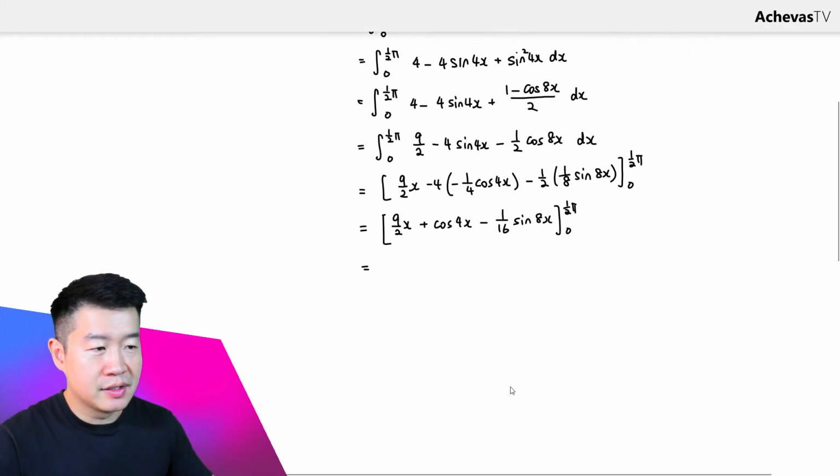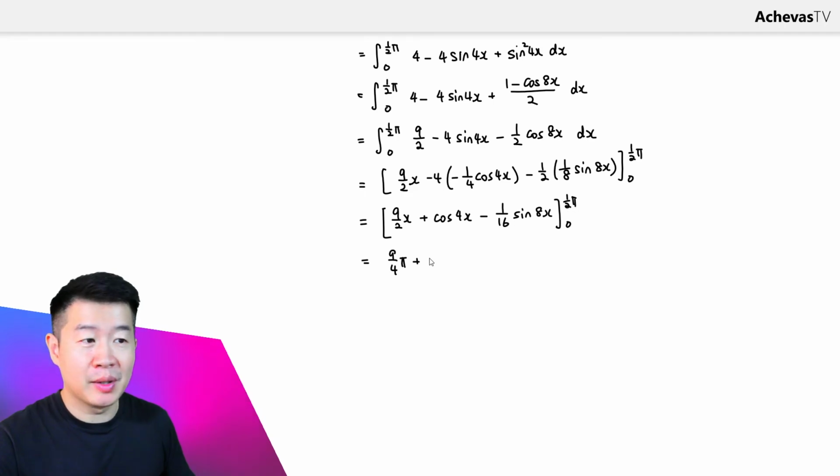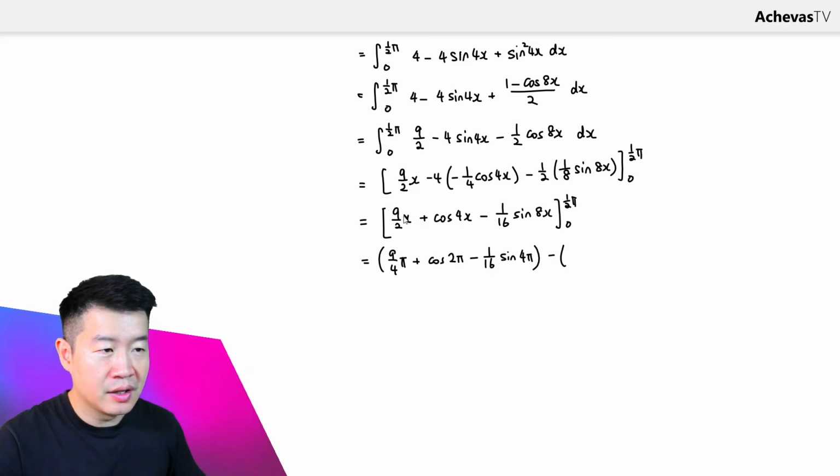So integrating this, by substituting this in, we will have 9 over 2 multiplied by half pi. That gives me a 9 over 4 pi. And 4 multiplied by half pi gives me a cosine 2 pi, minus 1 over 16 sine of 8 times half pi, this is 4 pi. So we have this minus away. 9 over 2 times 0 is 0.